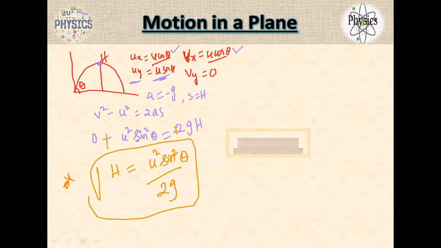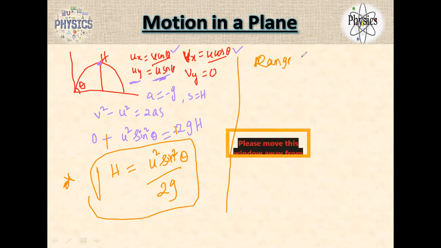Do you remember now how we got it? So now, range. Range is indicated by capital R. When I talk about range, this is my range, right? Horizontal distance.